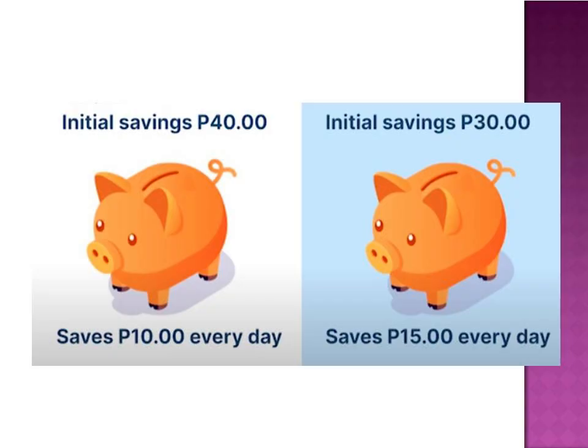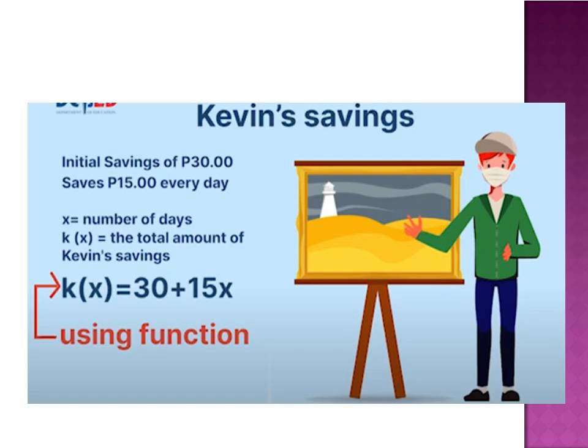Let us represent the amount of money each has saved after x number of days using a function. Let us start with Kevin's savings. For the amount of money he saves, since he has an initial savings of 30 pesos, then we will just have to add the amount of money he consistently saves every day to that.